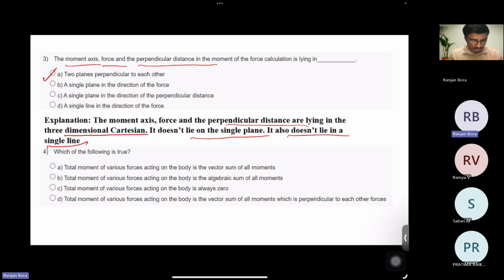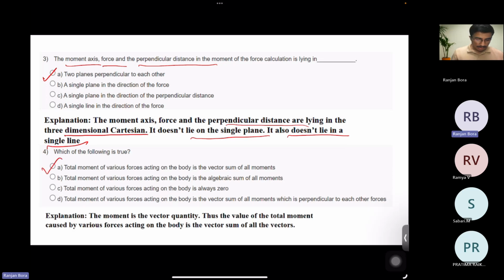Yeah, option A is correct. Total moment of various forces acting on the body is the vector sum of all moments. And what is the explanation? The moment is a vector quantity, as the value of the total moment caused by various forces acting on the body is the vector sum of all the vectors.